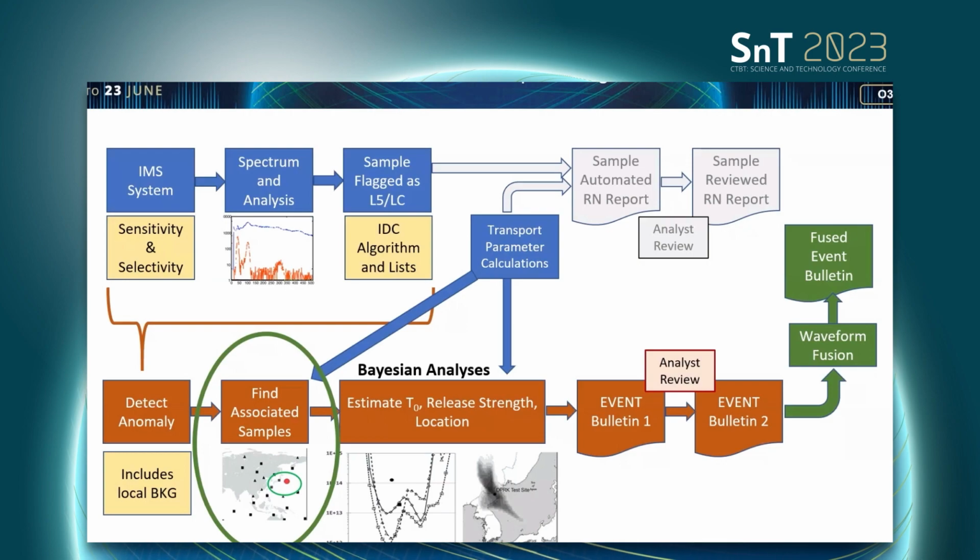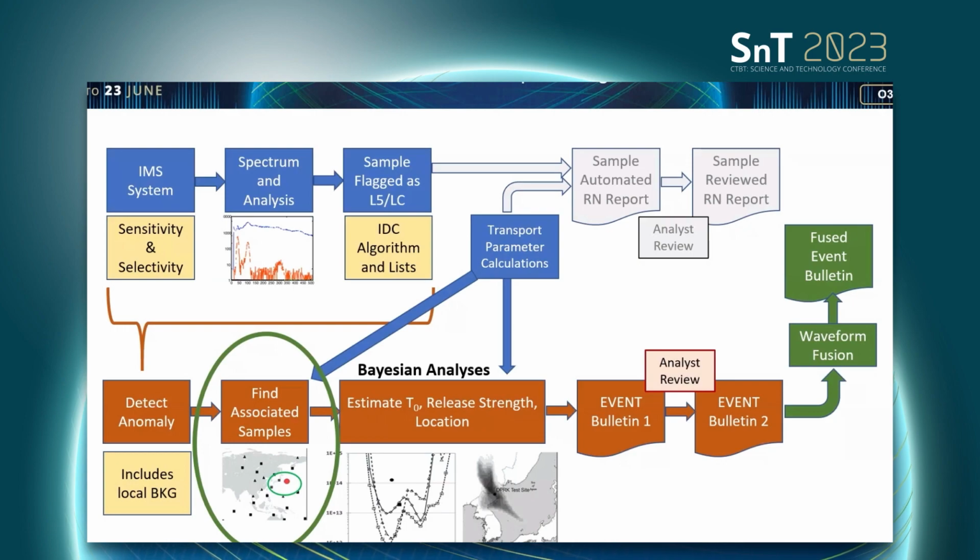So a subject matter expert is going to be in the loop or on the loop for the foreseeable future. After analyst review, then you'd have a final event bulletin. And these kinds of tools could eventually lead to waveform fusion. So we're very excited that the radionuclide community is catching up to this kind of pipeline calculation. I've said enough about that, but today we're talking about sample association, and I'm also hearing in this session about the other boxes.